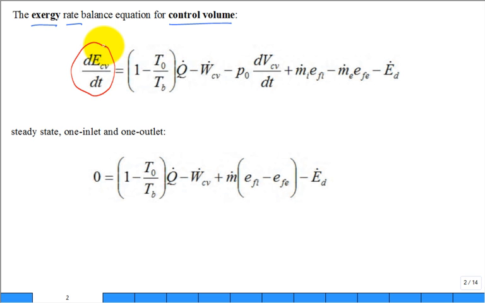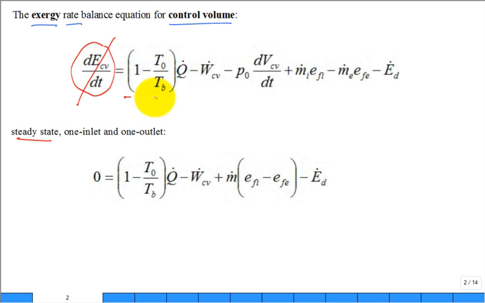But you can develop, and the book does develop, the most general Exergy balance equation. That would be important if it was a transient analysis. All of our analyses are going to be steady state, so you don't have any accumulation or depletion of Exergy in the control volume. But there's the more general term.